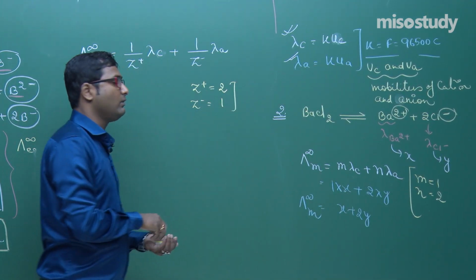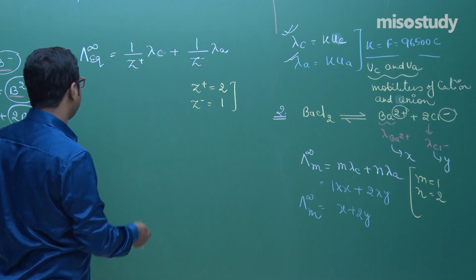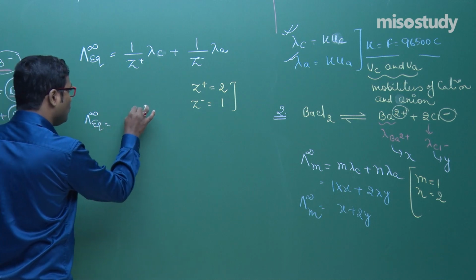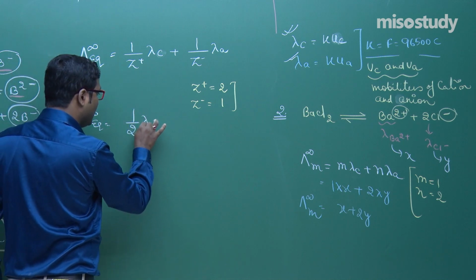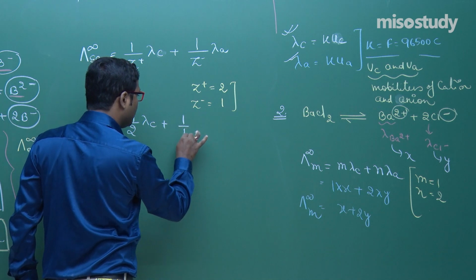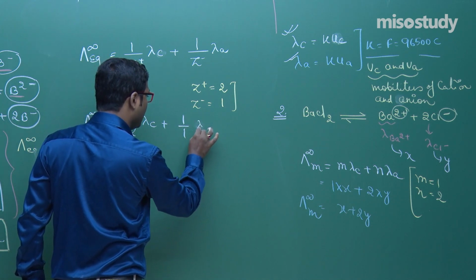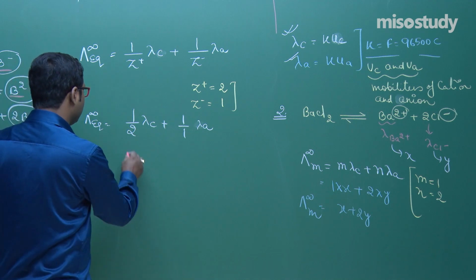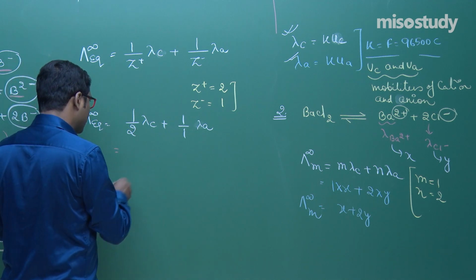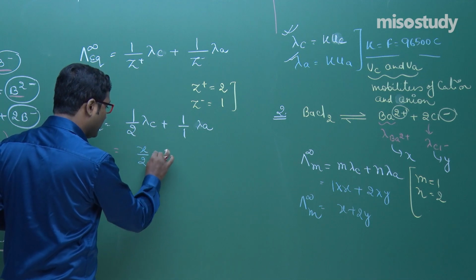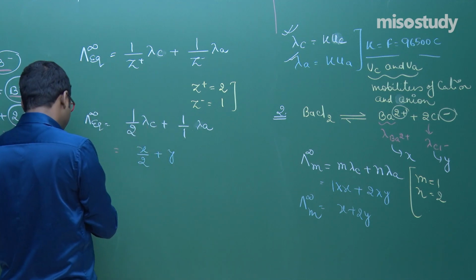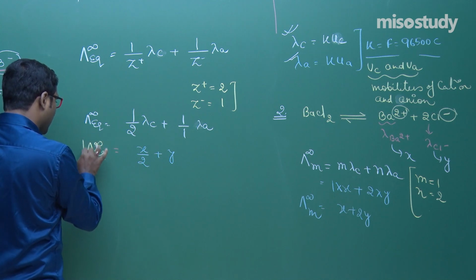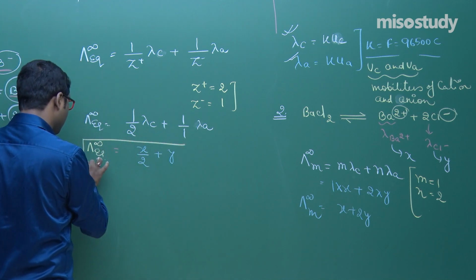So 2 and 1. Clear? Now put this value. Equivalent conductivity is equal to 1 upon 2 lambda C plus 1 upon 1 lambda A, my friend. What is lambda C given? X, that is put here, sir, X upon 2 plus Y. This is the expression for equivalent conductivity at infinite dilution.